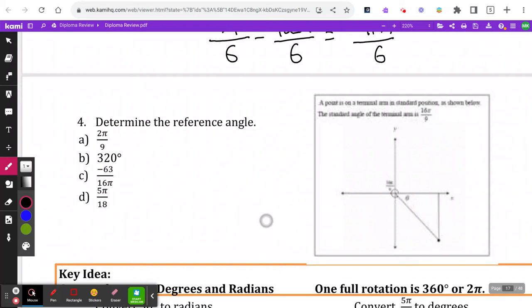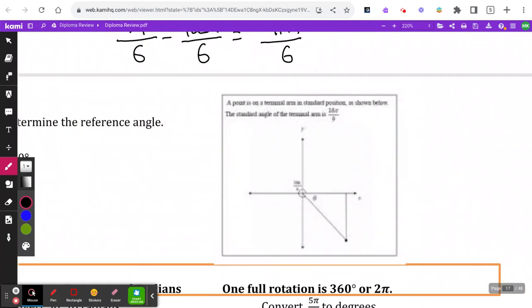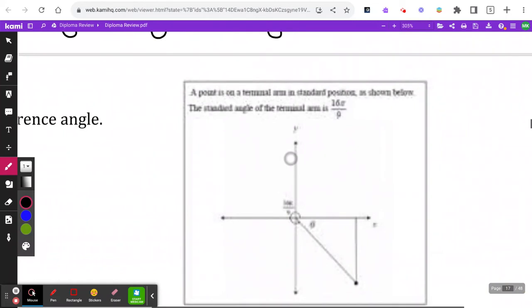Okay, we're going to determine this reference angle. It says, a point is on a terminal arm in standard position. The standard angle of the terminal arm is 16 pi over 9. You guys can't read that? Clear as mud. I'm going to go with 16 pi over 9, and we're going to work from there.